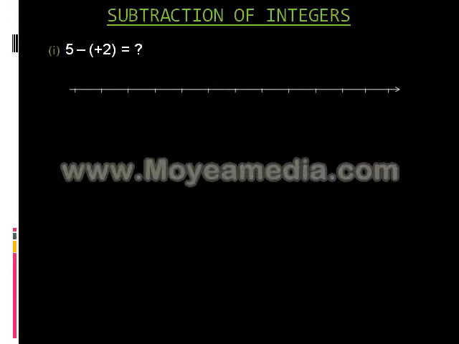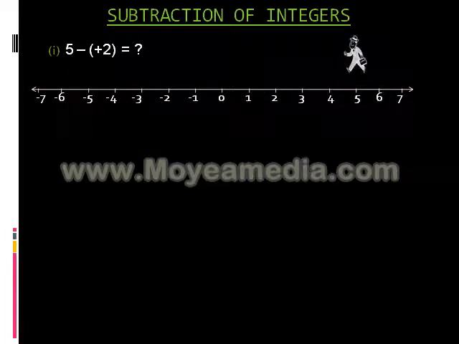And now, for subtraction of integers, let's take a few examples. One, if we have to work out 5 minus 2, positive is not necessarily written, but here precisely we have to subtract a positive number, say plus 2. As we have set the rules, you take a number line, and because you have to subtract 2 from 5, you stand at 5, and as we have discussed, for subtraction face the negative side.